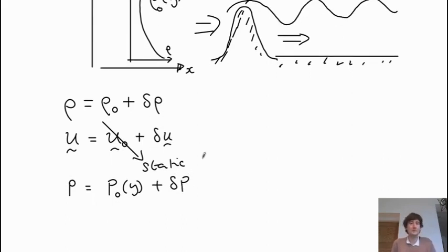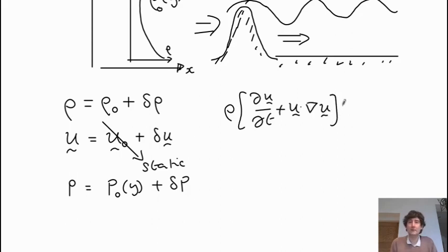Now we can essentially put this into our equations. The most important one here is the momentum equation. So we have an equation which is basically the mass density times du/dt, the same as we've seen several times already. This is the change in momentum, and this is the forces on the parcel of fluid.